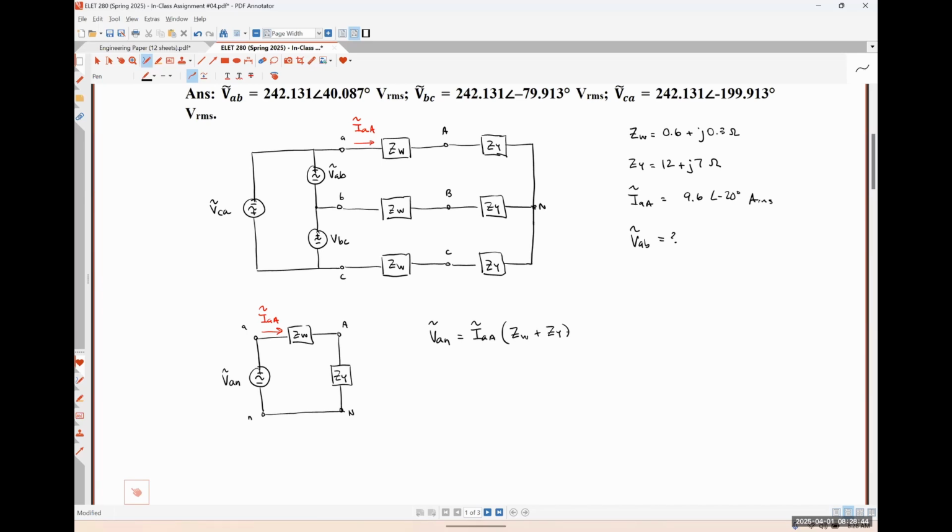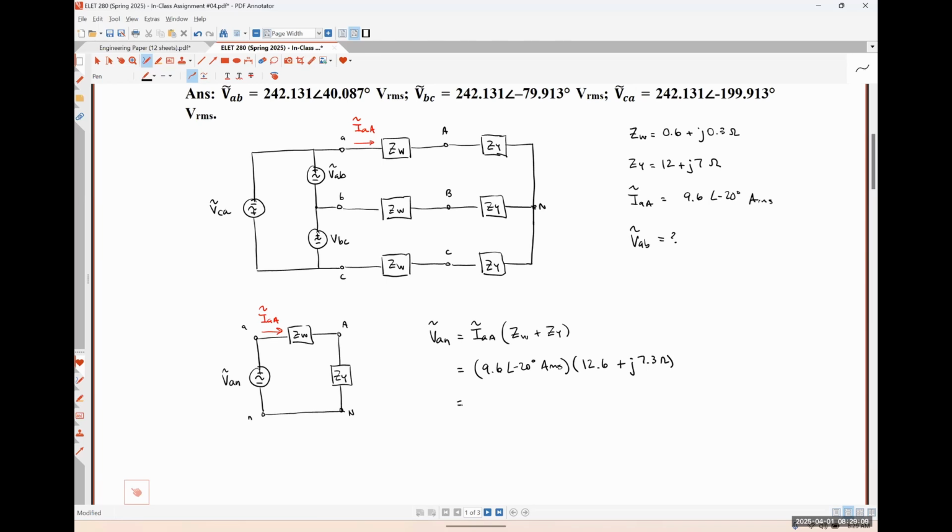So that would look like 9.6 angle negative 20 degrees amps RMS times, I'm just going to add these together directly. So 12 plus 0.6 is 12.6 plus J7 plus 0.3 is J7.3 ohms.